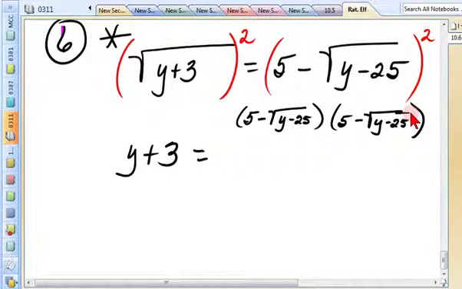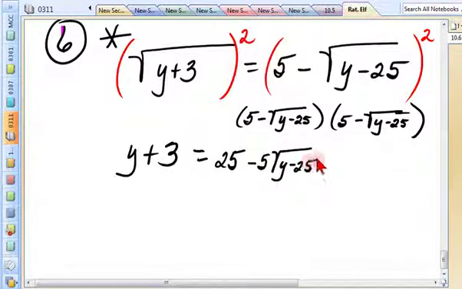All right, the product of the first. I'm using FOIL. All right, not bad. 5 times 5 is 25. Outer product, 5 times this negative square root is negative 5 square root y minus 25. Am I writing too tiny for those of you in the back? We're okay? All right. The inner product is another negative 5 times the square root of y minus 25.